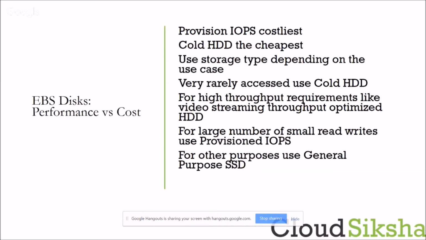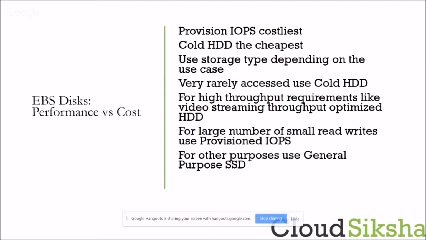So the performance versus cost here, again, you will have to take a thumb rule on which one you would buy for what. What type of storage you select would not necessarily be just that I want the best storage, right? It depends obviously on the application.